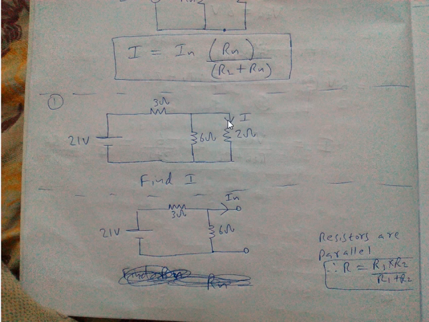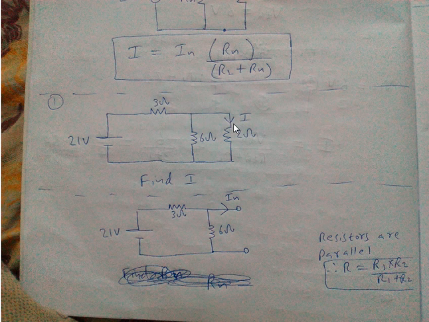We don't know the value of I, so the unknown current is passing through this portion. When it passes through this resistor, it will become RL. So if the unknown current is passing through this portion, then 3 ohm will be RL.